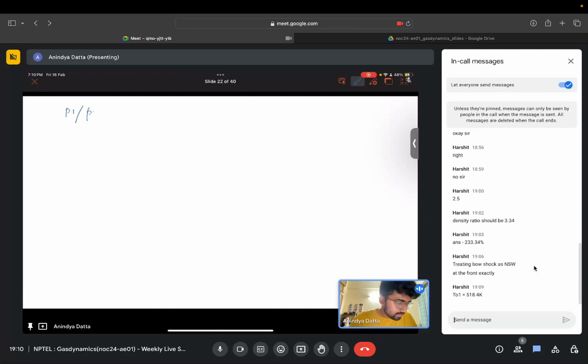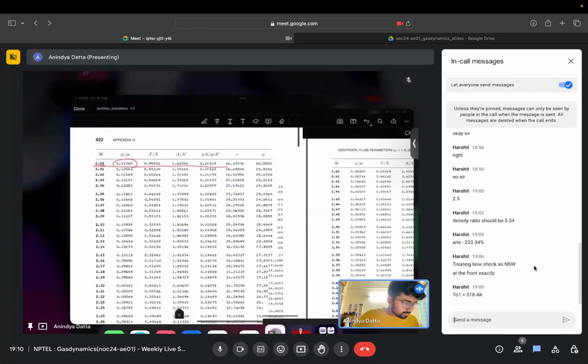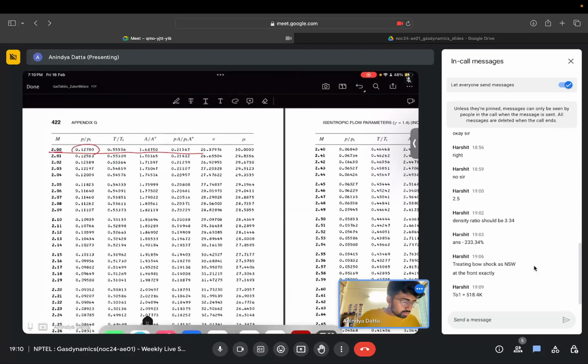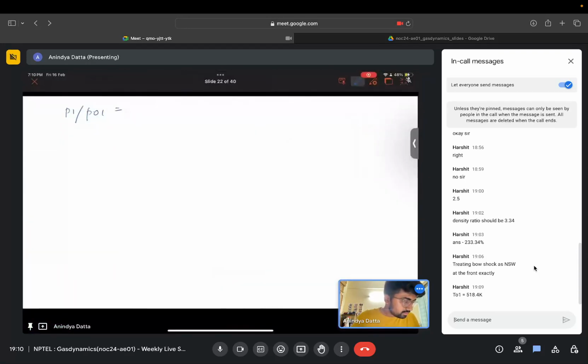P1 divided by P01, again from the gas table corresponding to M1 equals 2.0, is 0.1278.